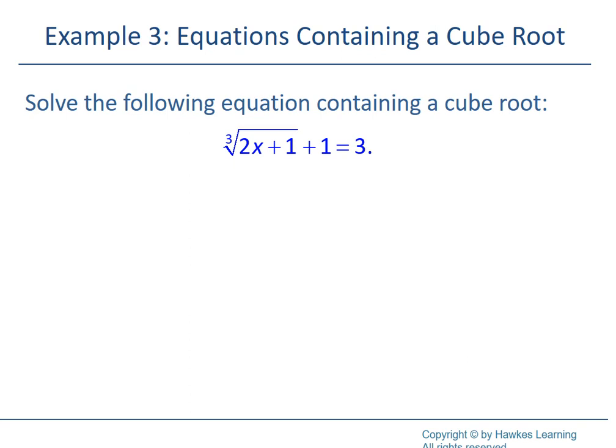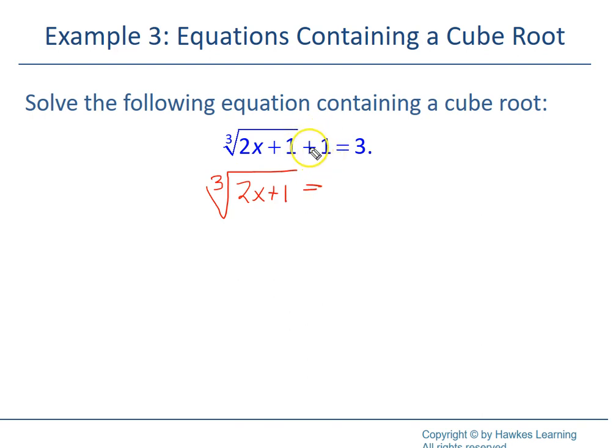Okay, now we're going to take a look, and we're running a little over 20 minutes, but we'll stay with it because we're almost finished. What do we do if it's a third root? Well, again, you want to isolate the radical, and this will become the third root of 2x plus 1.